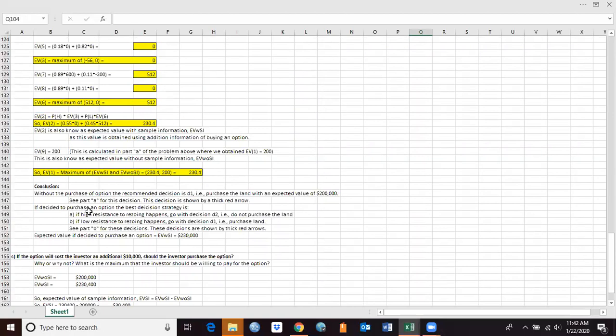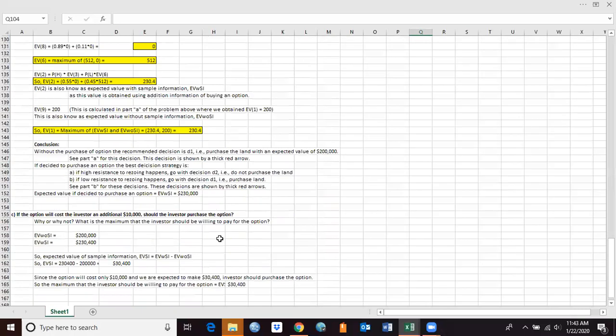If the decision is to purchase an option, then the best strategy is, if the resistance is high, go with the decision to not purchase the land. If the resistance to rezoning is low, then purchase the land. If you went ahead with the purchase of option, then your expected profit is going to be $230,000 here. That's how you would interpret the results.